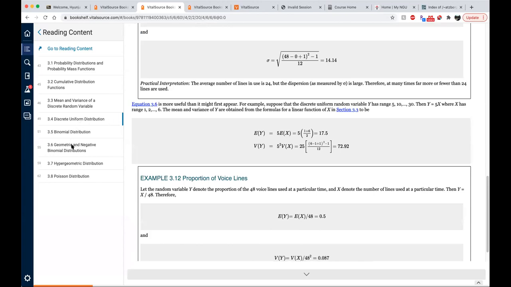Okay, and then maybe 3.7 and 3.8. But anyways, from here we're going to study several popular discrete, I mean, probability mass functions.